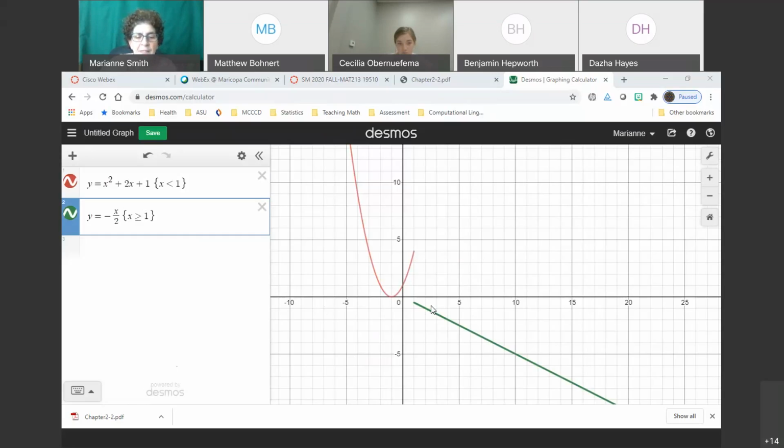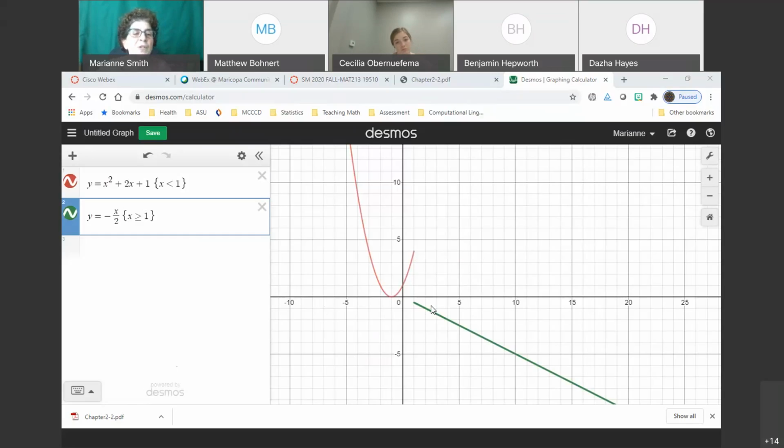So continuity at x equals c means the limit as x approaches c must exist, and must equal the function value.